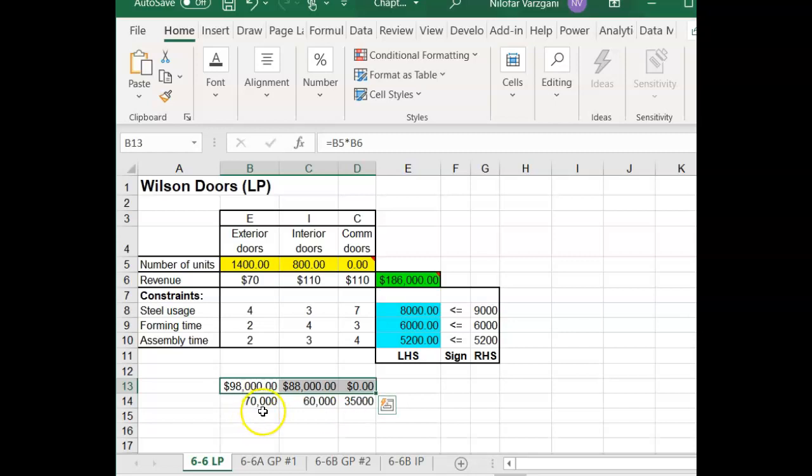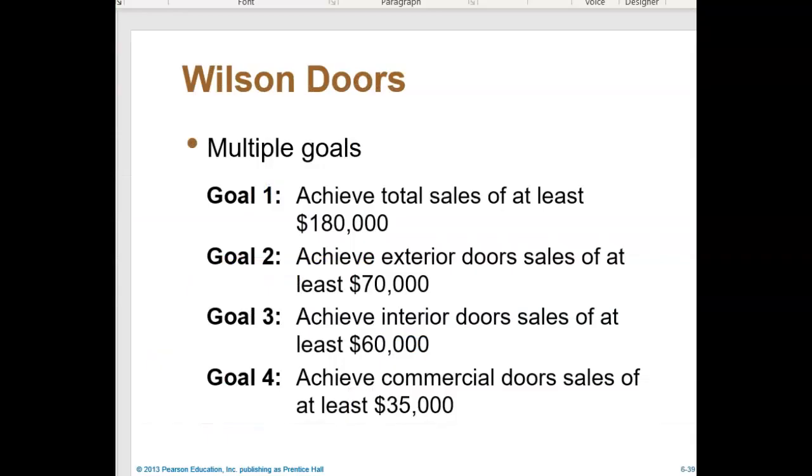So we want to set some achievable goals, which is why these targets are set lower than what the LP solution is suggesting. So after solving the original LP problem, Wilson has now created a set of goals for his business that he would want to achieve.